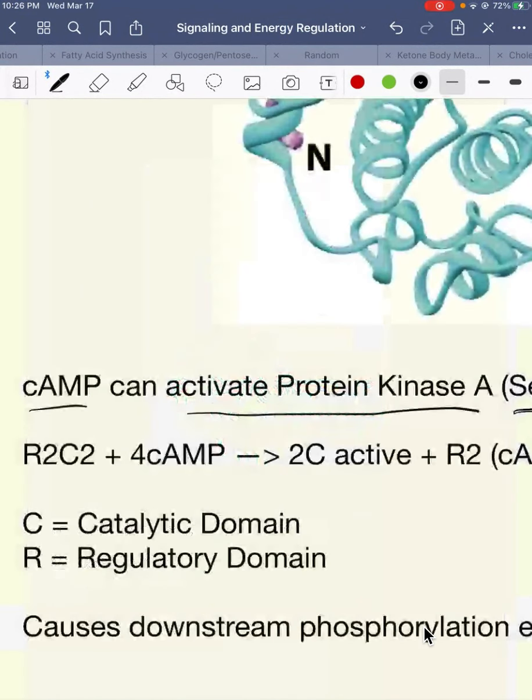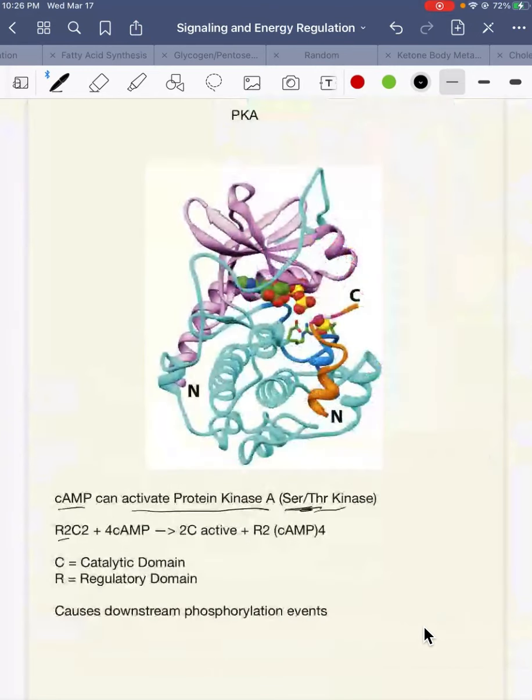It has two regulatory domains and two catalytic domains. So we take 4 cyclic AMPs, they bind to the two regulatory domains. This allows the catalytic domains to become active and freed up, so then they can go and activate the next protein in the signaling cascade. So eventually this will cause downstream phosphorylation events.